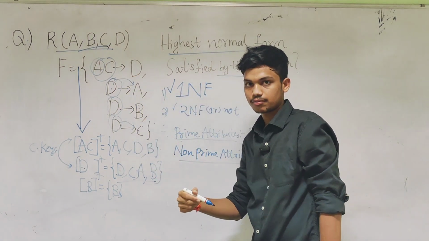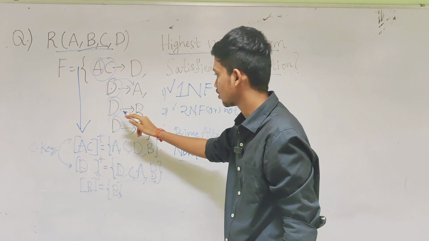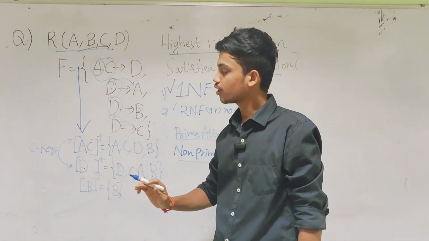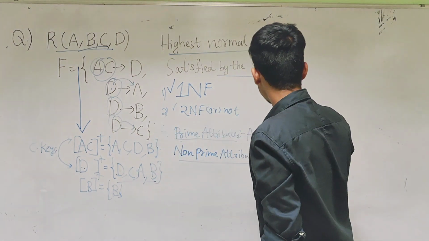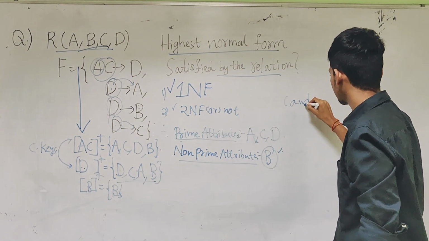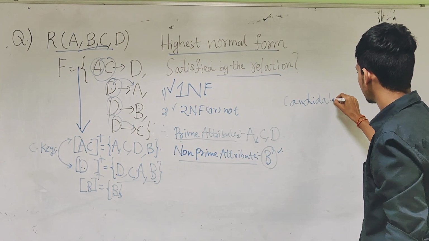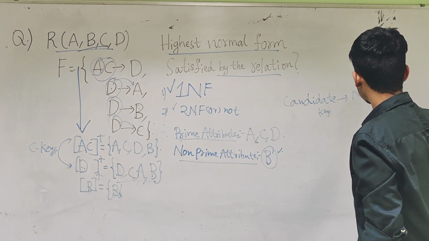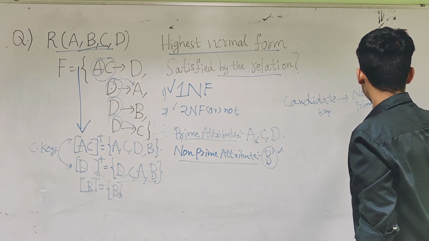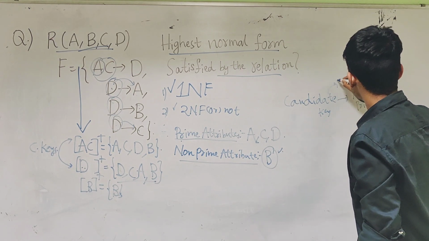But this is not the case here. D is a prime attribute, but D is itself a candidate key. If a candidate key itself derives a non-prime attribute, this is not a partial dependency.